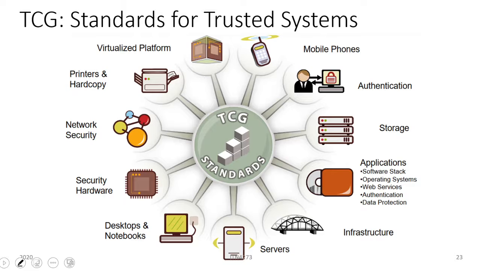So, when we briefly think about TCG for a moment, they developed security standards that are applicable to various things. Rather, everything that is relevant to computing, they develop these security standards or trusted system standards.